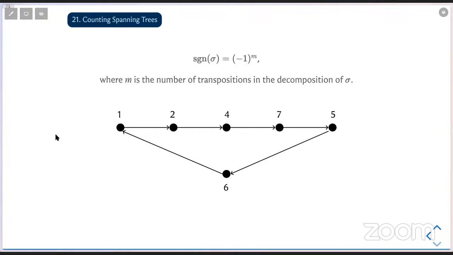So I have to look at the second column in the first row, the fourth column in the second row, the seventh column in the fourth row, the fifth column in the seventh row, the sixth column in the fifth row, and the first column in the sixth row. But my point is that the only things that get affected are basically local to these.